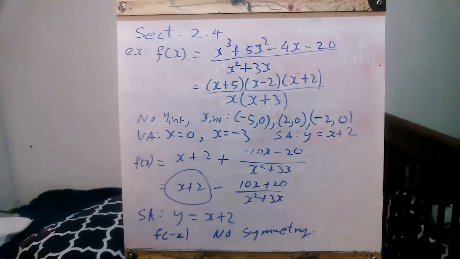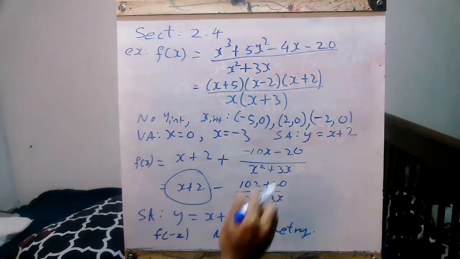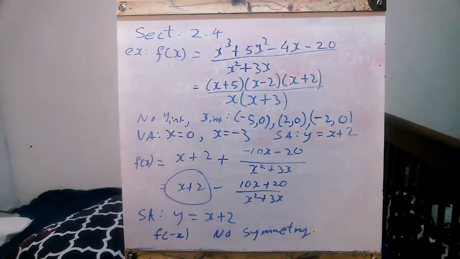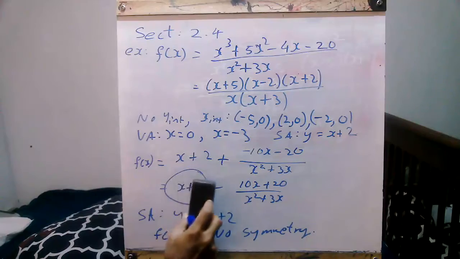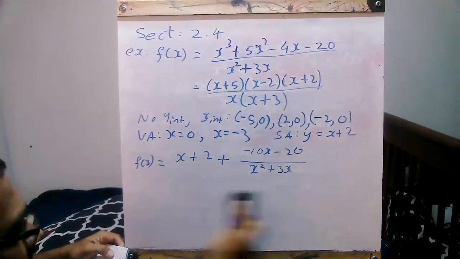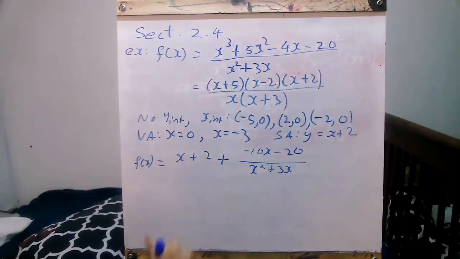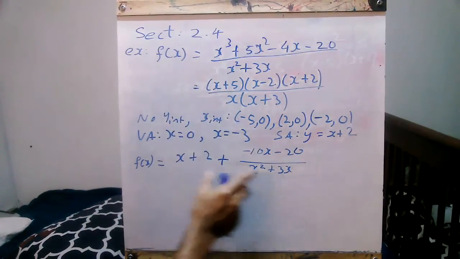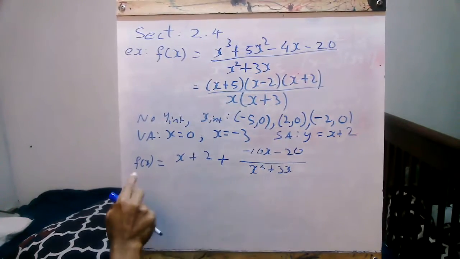Before you do the sign analysis, we can check if the function intersects the slanted asymptote. The equation of the slanted asymptote is this. When we divide numerator by denominator, we get this answer, and this is our f(x).